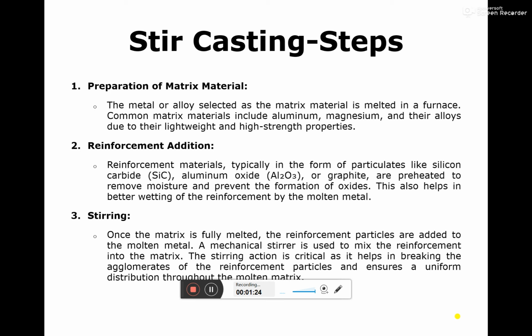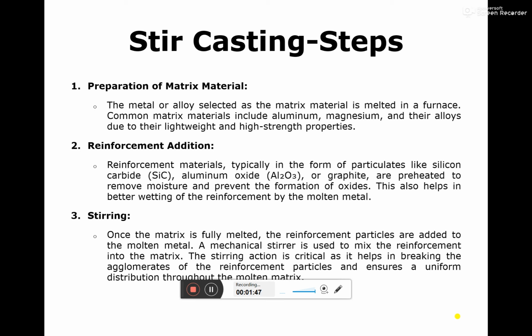After adding these ceramic particles to the molten metal matrix, the process is followed by stirring of the mixture of reinforcement particles in the metal matrix. That's why this process is known as the stir casting process.